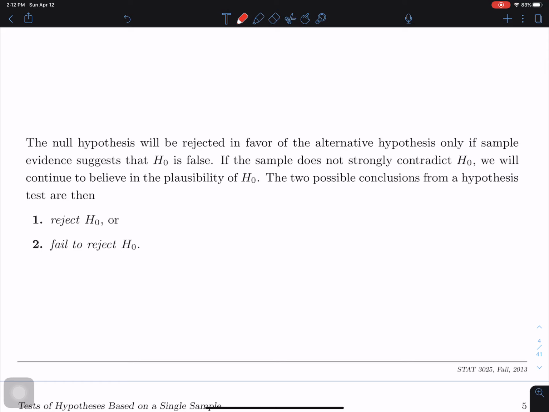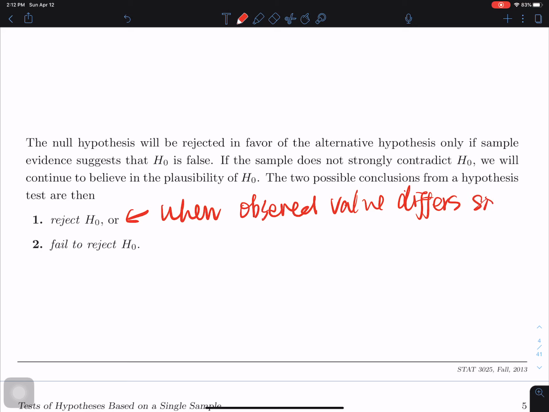And from the hypothesis test, two possible conclusions can be drawn. The first is we can reject H0. We reject H0 when our observed value differs significantly from the hypothesis value.